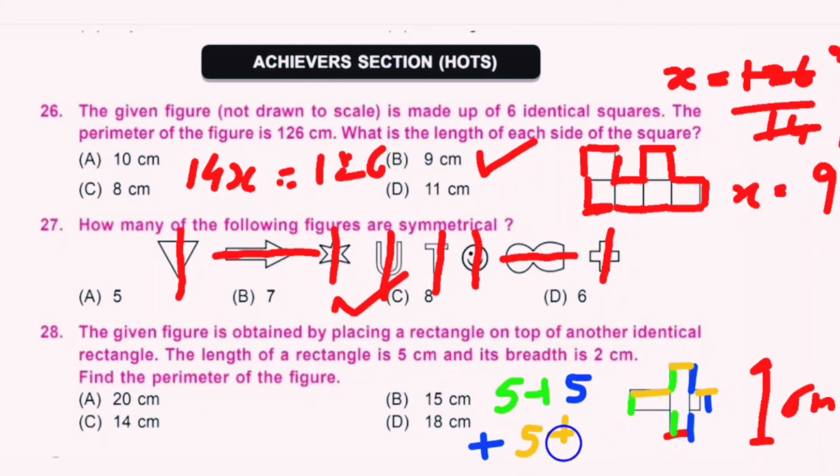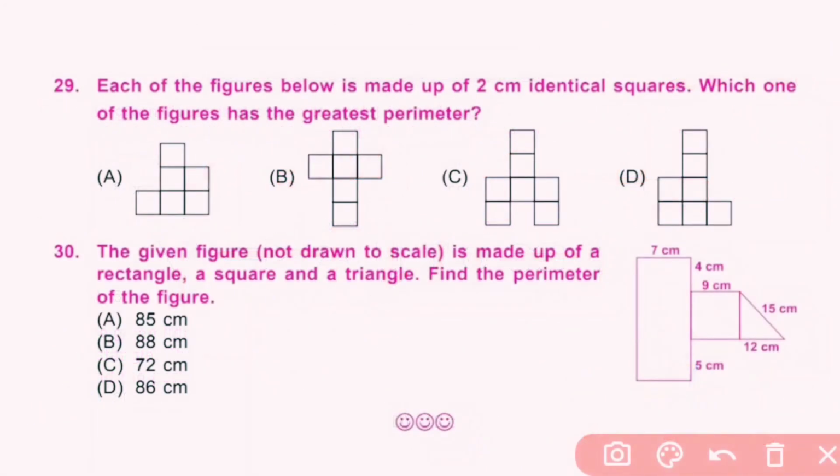This also 5 cm. Now remaining this side and this side. This 5 cm. So we covered all the sides. So 5 plus 5 plus 5 plus 5 is 20. So perimeter is 20 cm. A is correct answer.